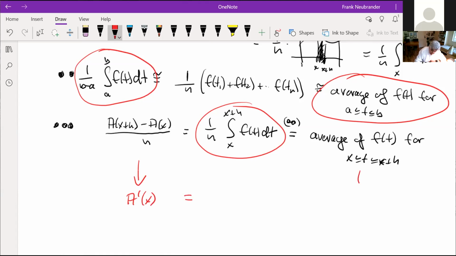And if h goes to 0, then it's the average of f of t for t between x and x. But there's only one number between x and x, and that is x. And the average of one number is the number itself. So this is then equal to f of x.